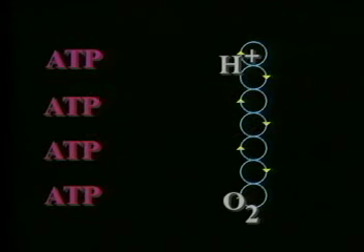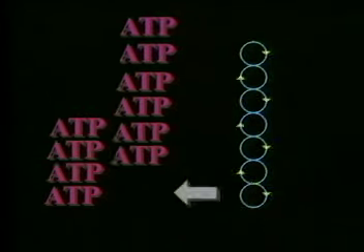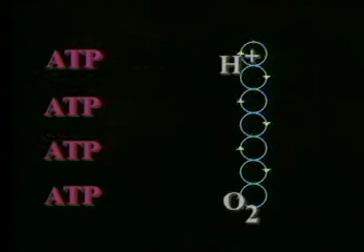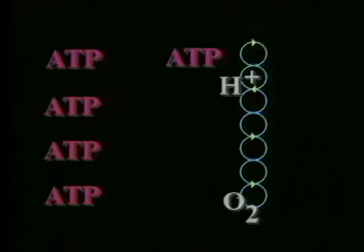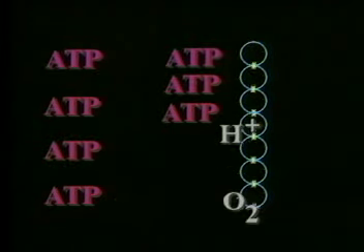This results in a huge energy payoff, for the electron transport system yields an enormous dividend: 32 new ATP molecules. The electron transport system also causes oxygen to be bonded to the hydrogen released during the citric acid cycle, and water is formed.